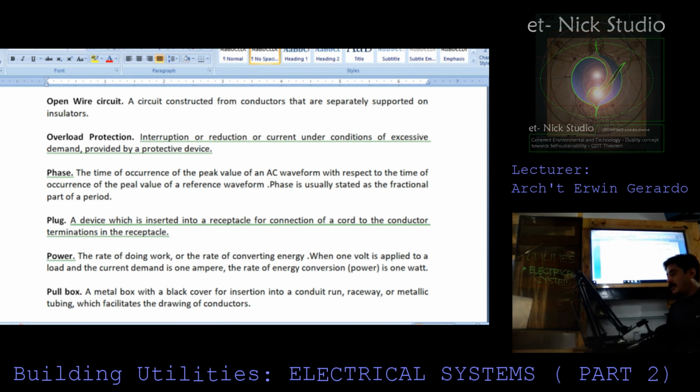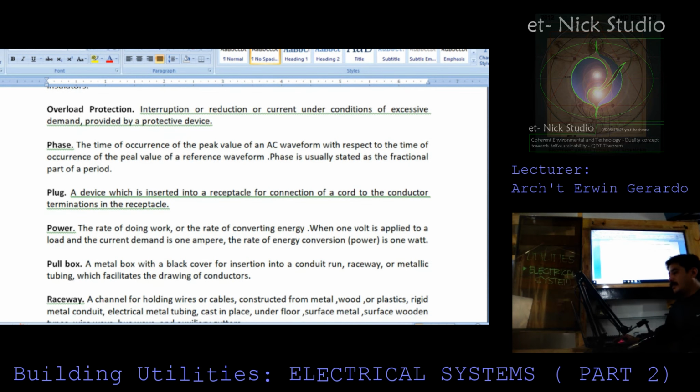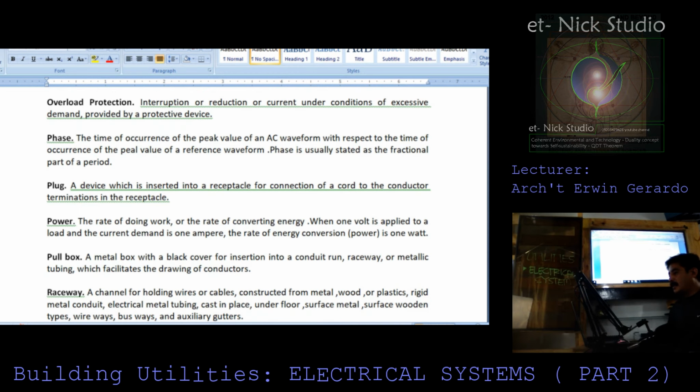Open wire circuit, a circuit constructed from conductors that are separately supported on insulators. Overload protection, interruption or reduction of current under conditions of excessive demand, provided by a protective device.